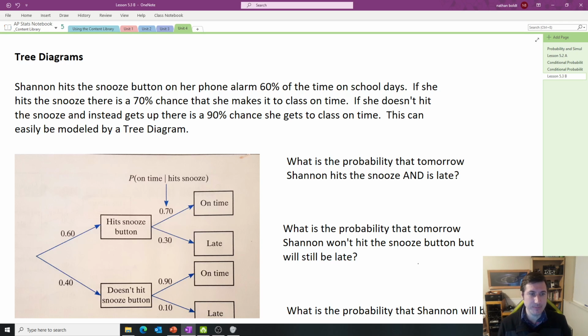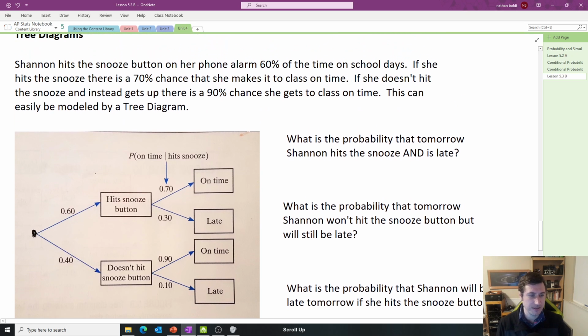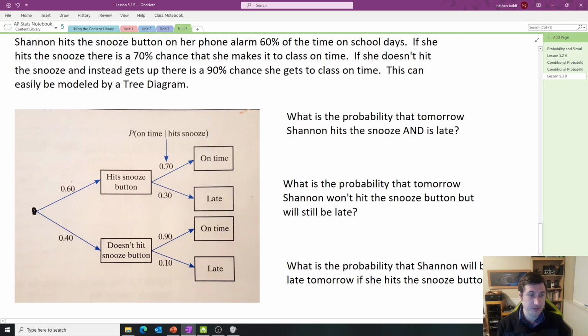This can easily be modeled by a tree diagram. All right, so here's the tree diagram. First, we start here. There is a 60-40 chance for what Shannon does first. There's a 60% chance she hits the snooze button, and that means there must be a 40% chance, the complement, that she doesn't hit the snooze button.